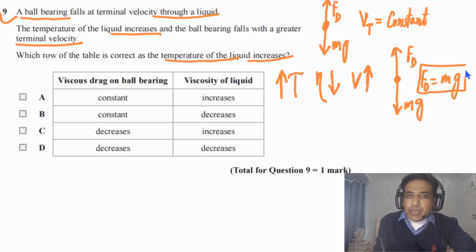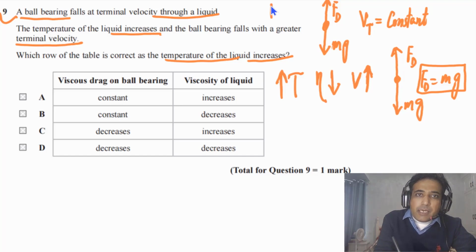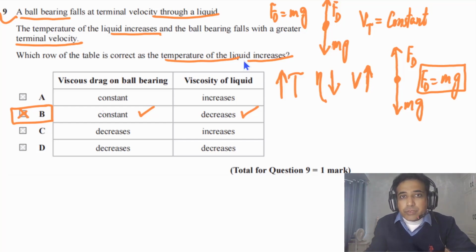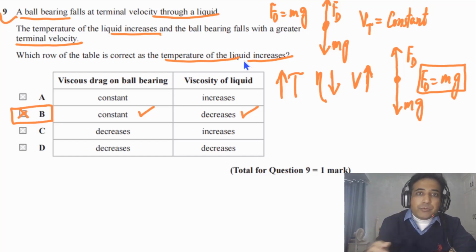So Fd is equal to mg, and in the first case the drag force is also equal to mg. So it simply means that the viscous drag remains constant and the viscosity of the liquid decreases. So the answer for this question has to be B. Drag force remains constant, viscosity decreases, so B is the right answer. So this is how we can answer this question. When a body is falling at constant velocity, terminal velocity, the resultant force has to be equal to 0.